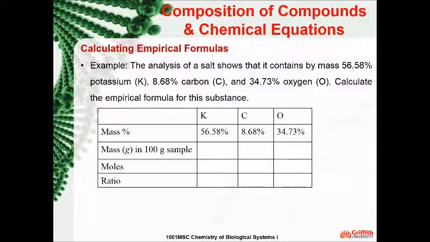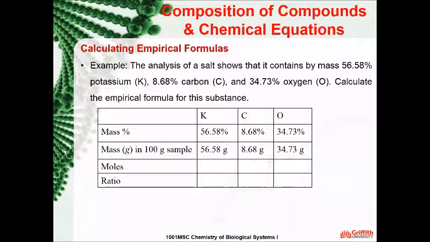So, to determine the empirical formula from the percent composition, we can use the following table. In the first row, we put the mass percent, which is given in the question. In the second row, we convert from mass percent to mass in grams by assuming we have 100 grams of the total sample. In the third row, we calculate the number of moles.